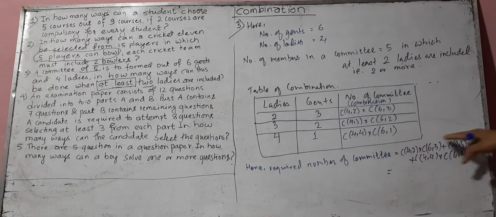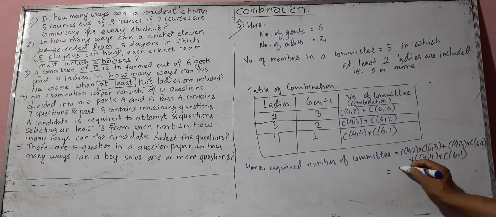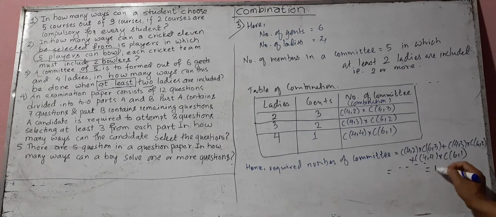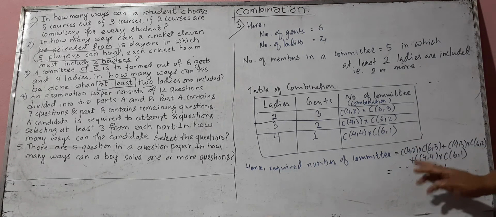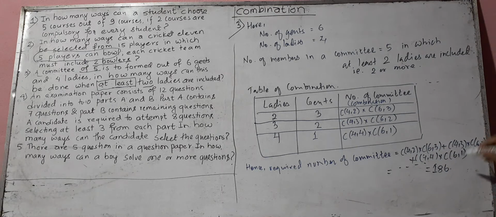Use the formula of combinations and simplify it. You will get the value 186, and this calculation is left as an exercise for you. You can easily calculate it. Try your best, and this is the solution of question number 3.